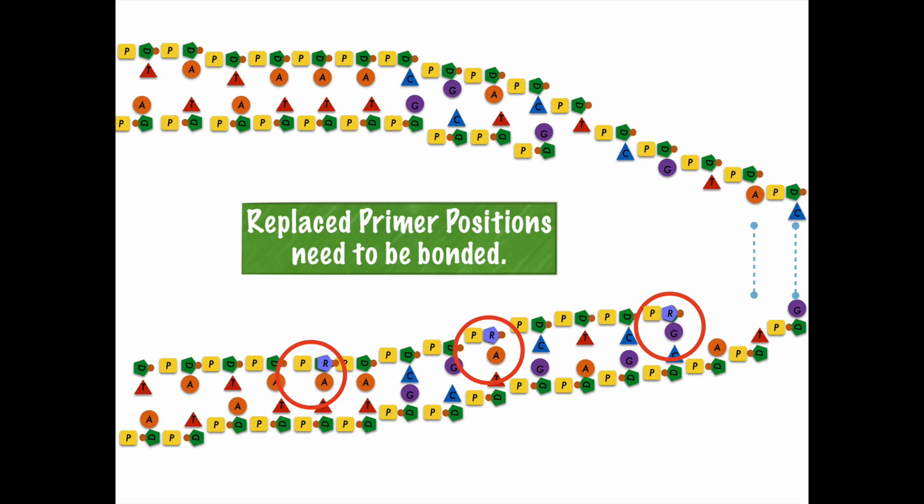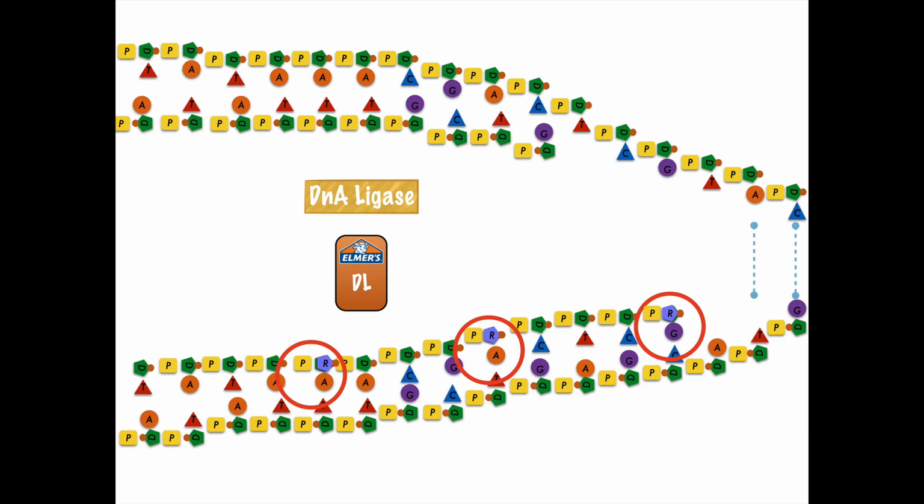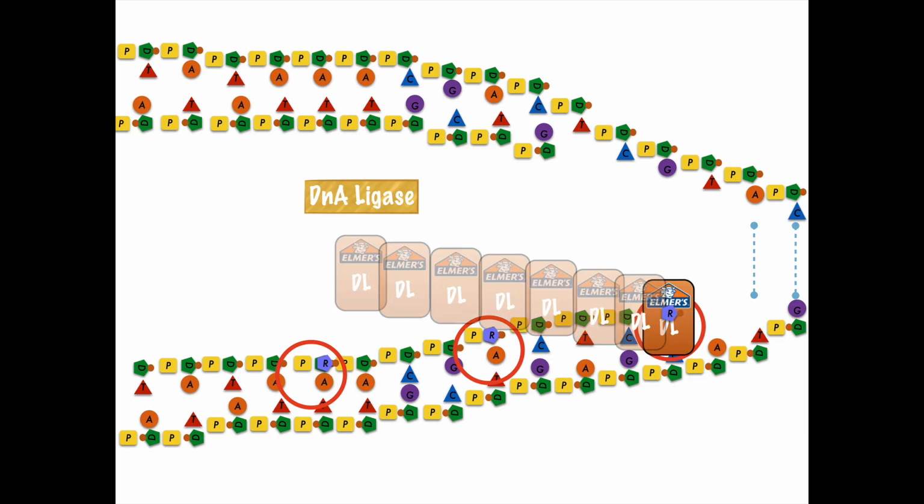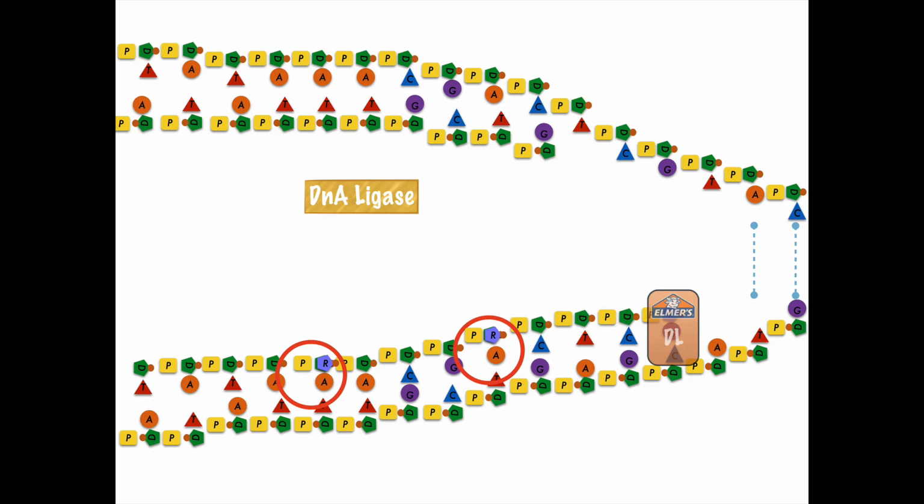So finally, we are almost done. The only issue is that we still have RNA attached to DNA. These RNA primers, these starting lines, need to be removed. And that is where DNA ligase shows up. DNA ligase is the enzyme that will replace the RNA primer with DNA, and it will solidify and close up any covalent gaps in the new strand.